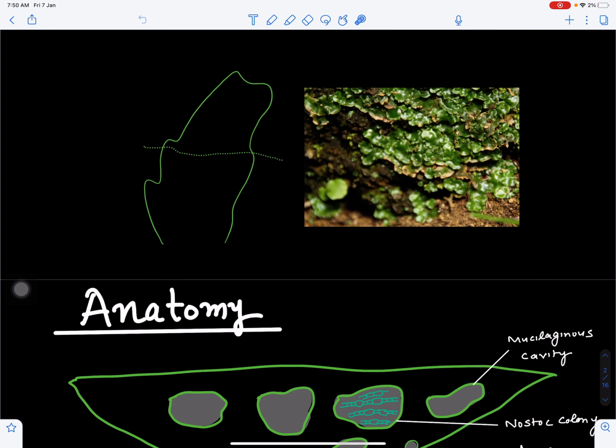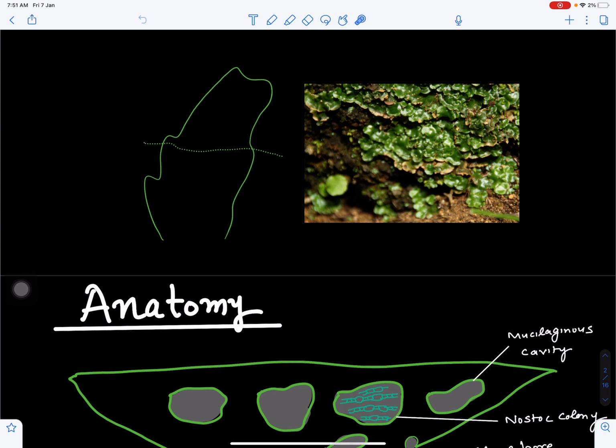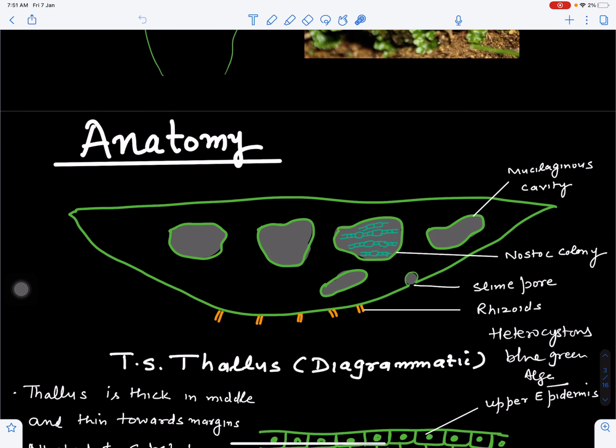Now, if we cut a section of the thallus to study its anatomy, or we can say internal structure, we can see that the thallus is thick in the middle and thin toward the margins. And these are the cavities which we were talking about earlier. These are mucilaginous cavities. Basically, these mucilaginous cavities are produced by schizogenous splitting of the cells.